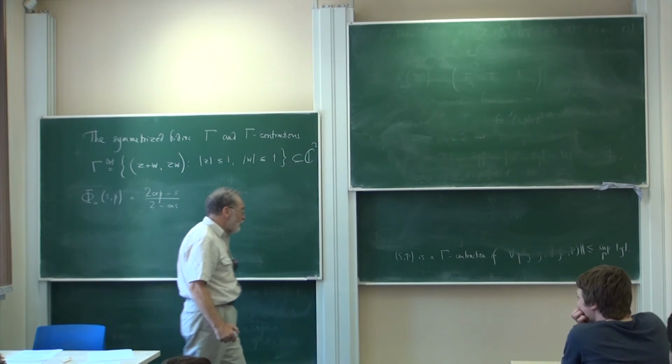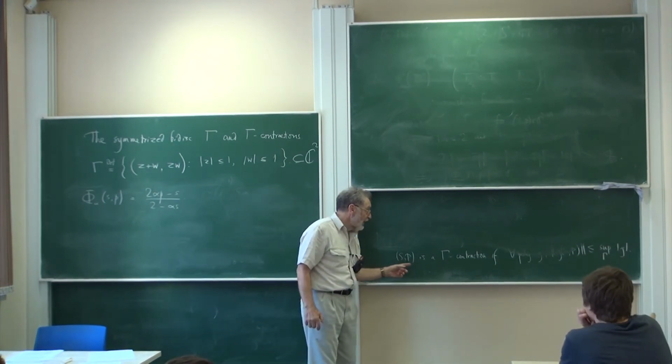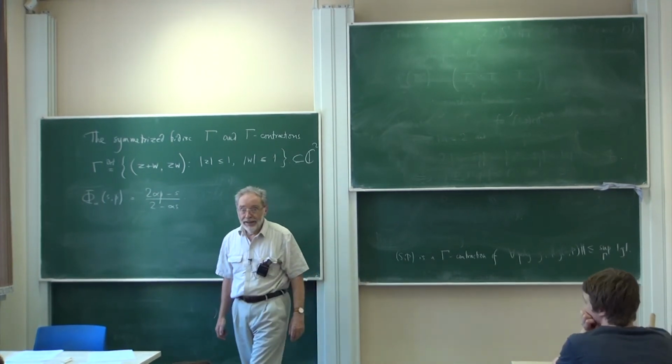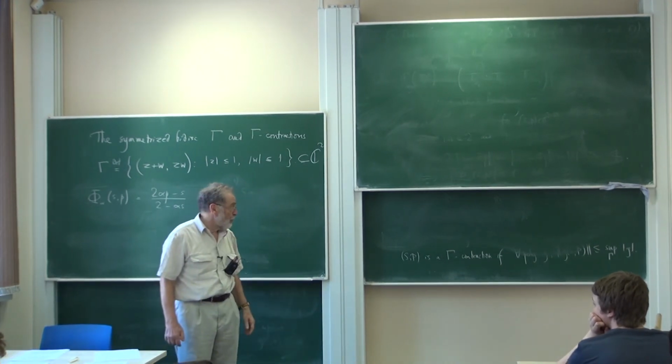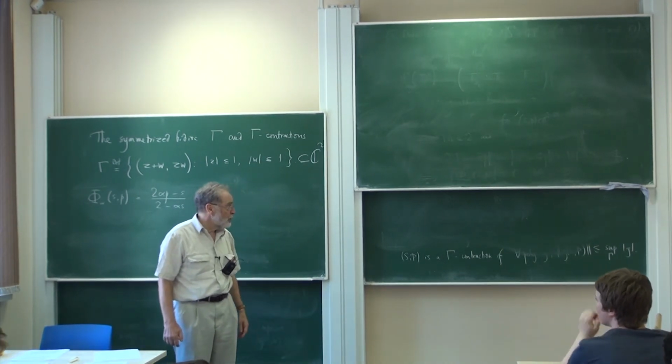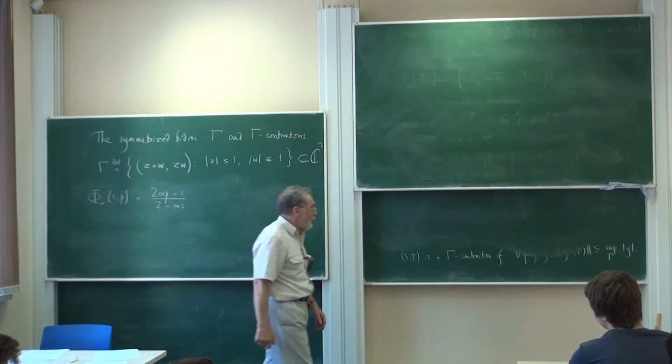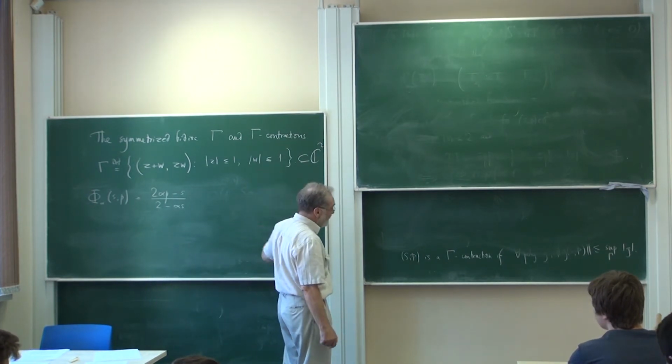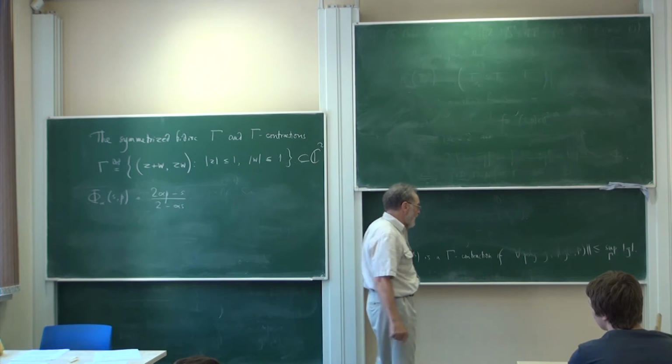So I've introduced the notion of a gamma contraction. It's a pair of commuting operators on a Hilbert space, for which this set gamma, the symmetrized bidisc, is a spectral set.